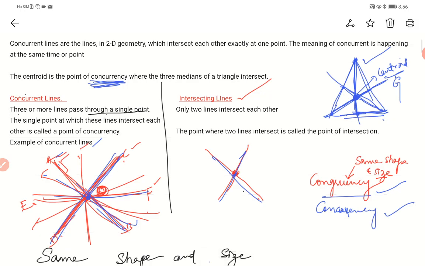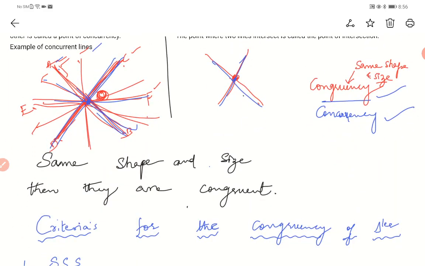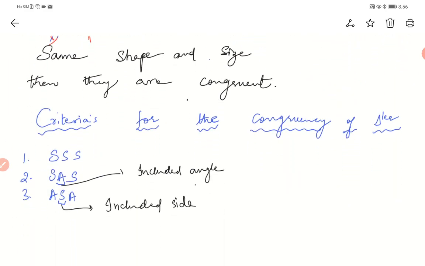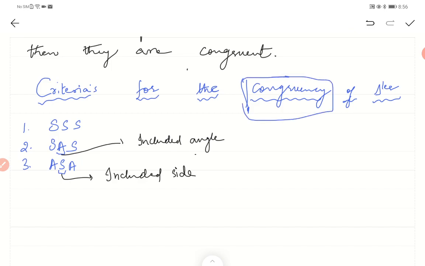Now in this unit, we will see the criteria for triangles to be congruent, that is congruency of triangles. This chapter is mainly about congruency. Since we normally get confused between congruency and concurrency, I have explained the difference between them clearly.